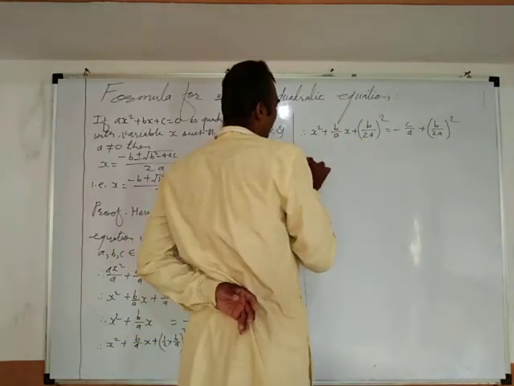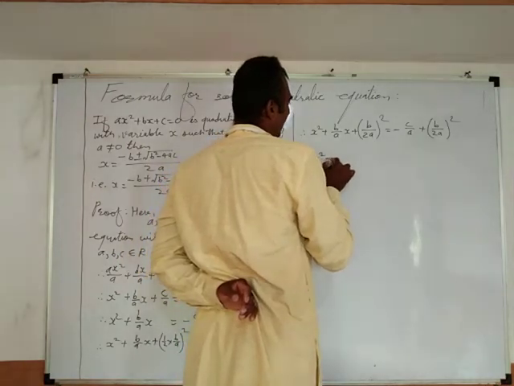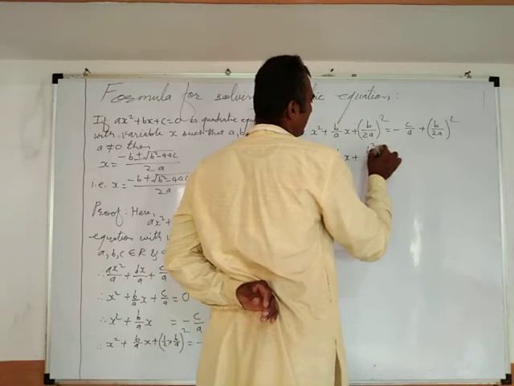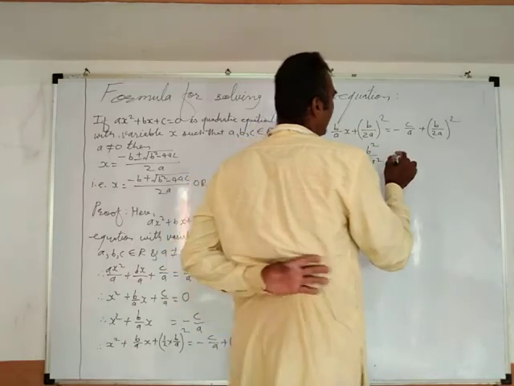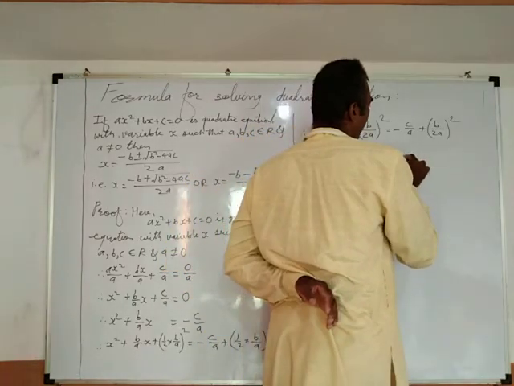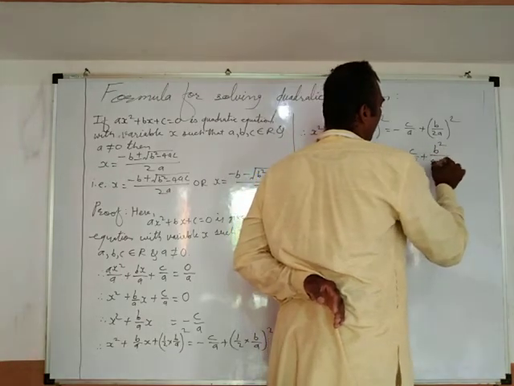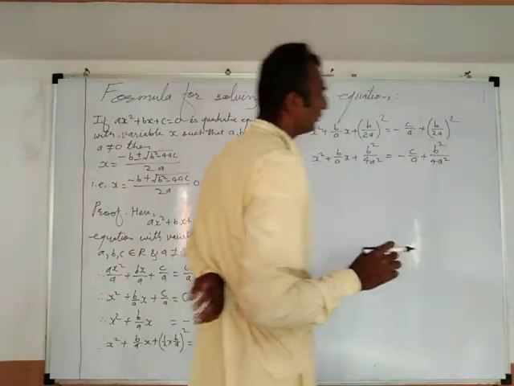And therefore it is x square plus b by a x plus b square upon 4a square equals minus c by a plus b square upon 4a square.